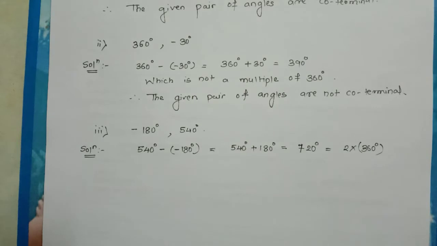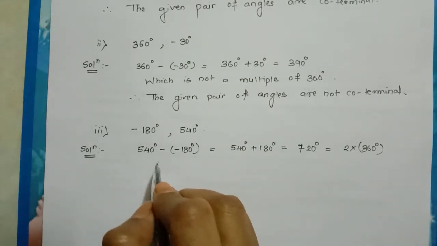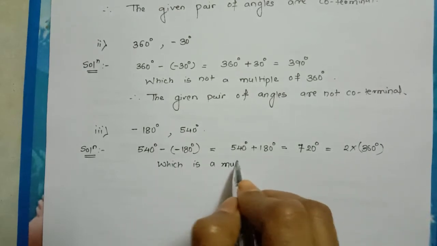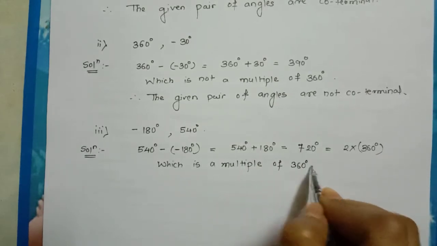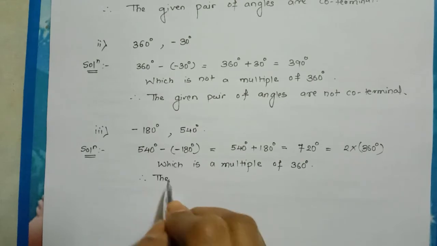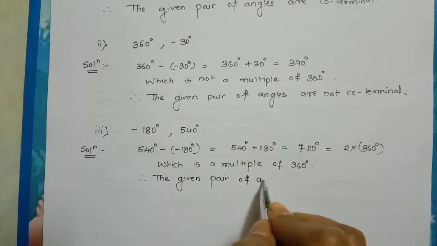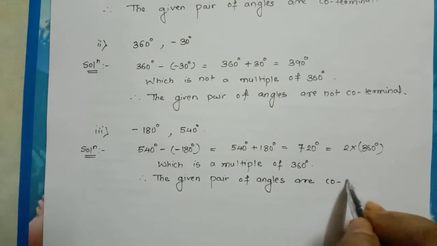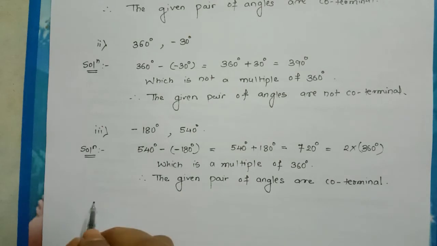That means this is a multiple of 360, and therefore the given pair of angles are coterminal.